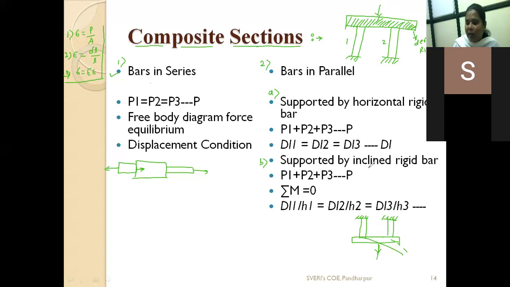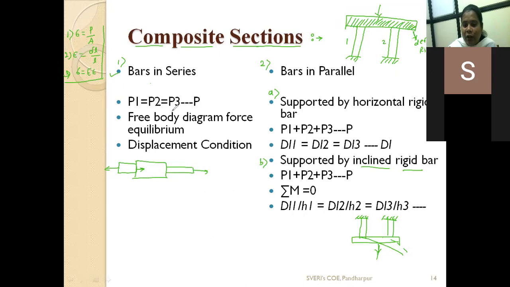So this is called an inclined rigid bar. म्हणजे इथे डिफॉर्मेशन होते पण इथे डिफॉर्मेशन होत नाहीये. हे horizontal rod ने connected आहे; this is connected by an inclined rod. Okay. So these are the basic two types, bars in series and bars in parallel. If bars are connected end to end, this is bars in series, and bars in parallel are connected by a horizontal rigid bar or an inclined bar.